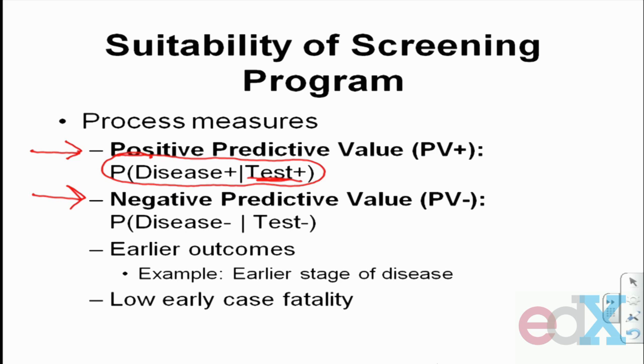Before you do that, you might also give them other, more invasive tests to see if they really do have breast cancer. But the percentage of people who actually get diagnosed with breast cancer among those who tested positive is what we call the positive predictive value. It's the probability of having the disease, given that your test was positive. We'd like that to be high.